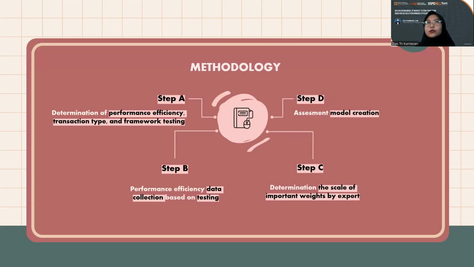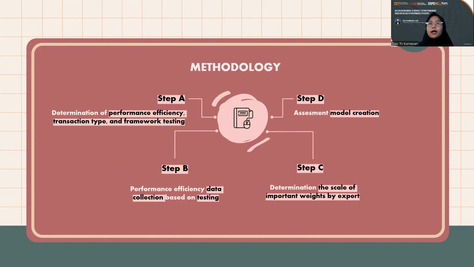Okay, let's continue to our methodology. The first step of our methodology is to determine the performance efficiency, assessment type, and framework testing, called the exploratory study. The next step, after we determine our limitations, is collecting performance efficiency data based on testing on the software frameworks. The next step is determining the scale of importance weight by experts.